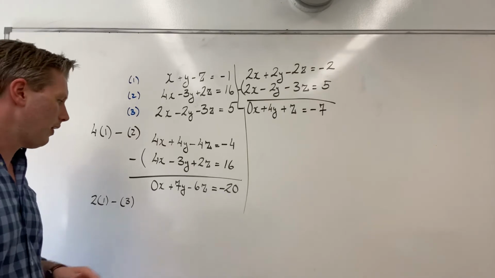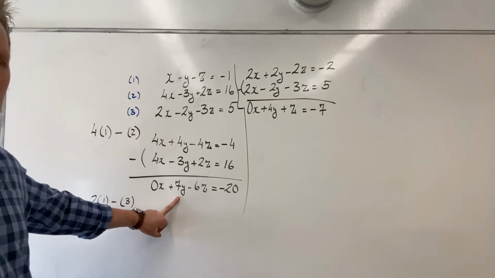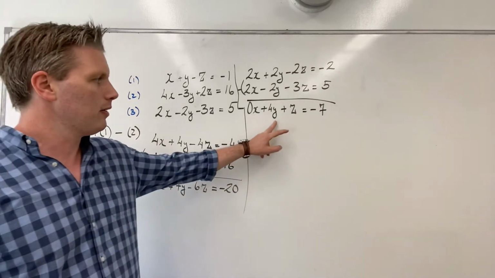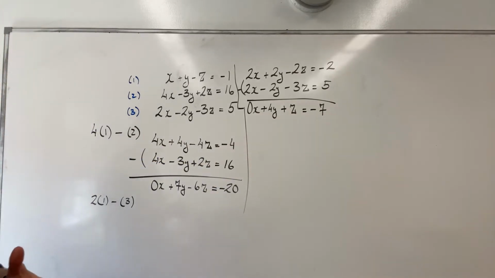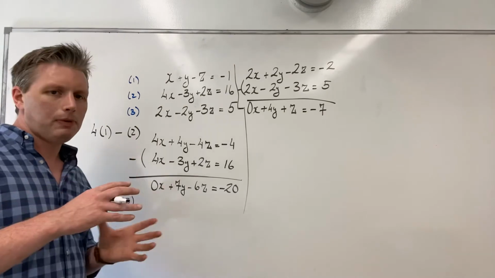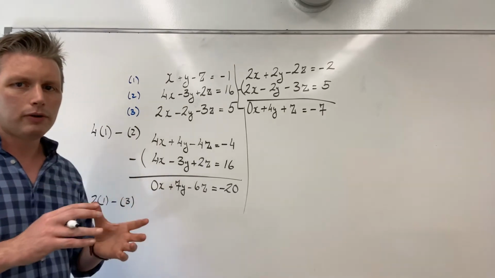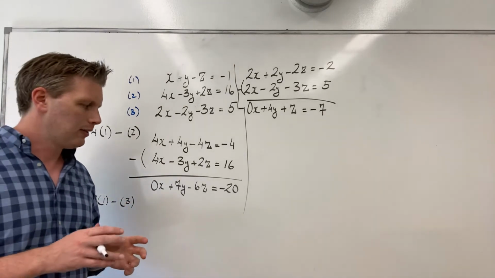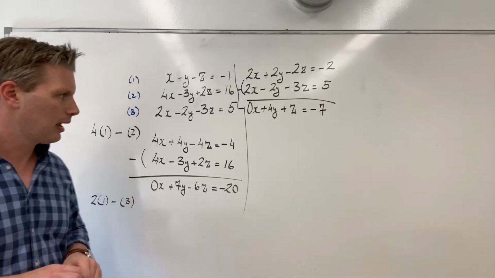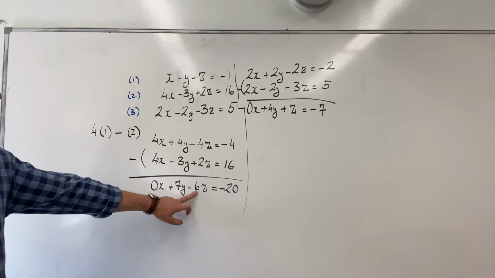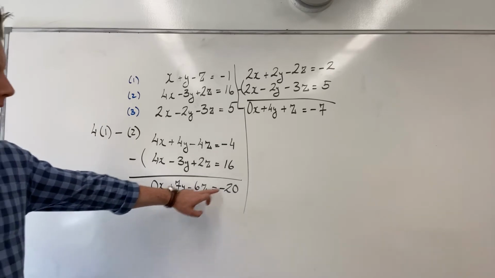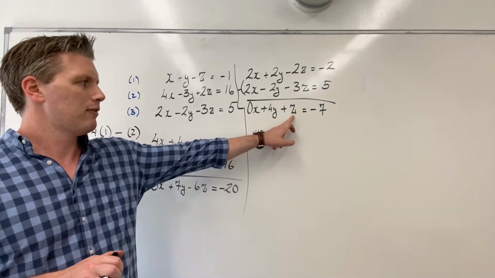So, I now have here an equation in y and z, and I have here an equation in y and z. And so I can now go about manipulating these by multiplying one or the other or both in such a way that one of my variables will cancel. It would be easiest for me, here I have a negative 6z, and in this equation here I have a plus z.